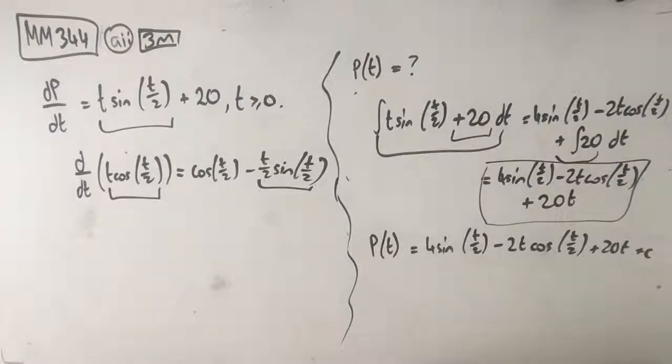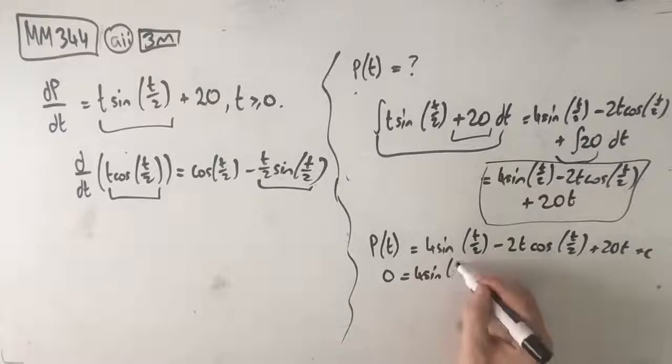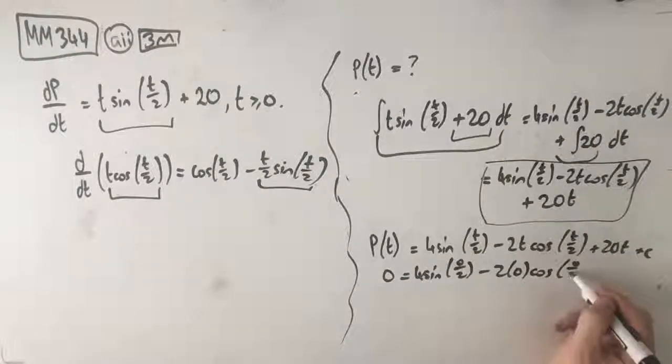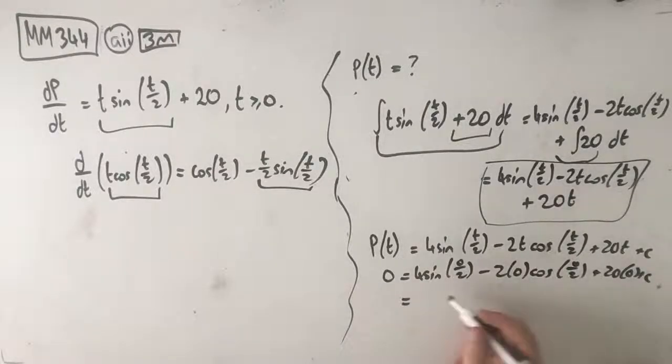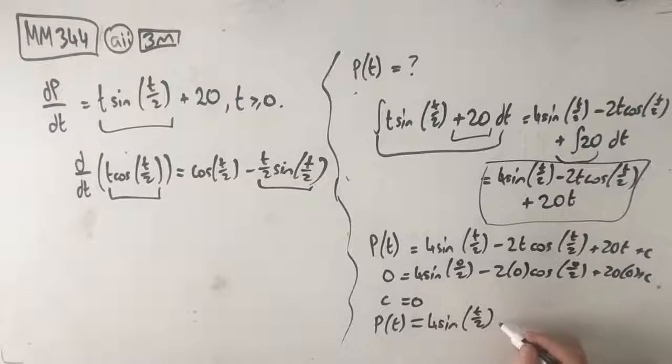So P of t equals 0 when t equals 0. So 0 equals 4 sine of 0 on 2 minus 2 times 0 cos of 0 on 2 plus 20 times 0 plus c. All of this is equal to 0, so therefore c equals 0. So P of t is equal to 4 sine t on 2 minus 2t cos t on 2 plus 20t.